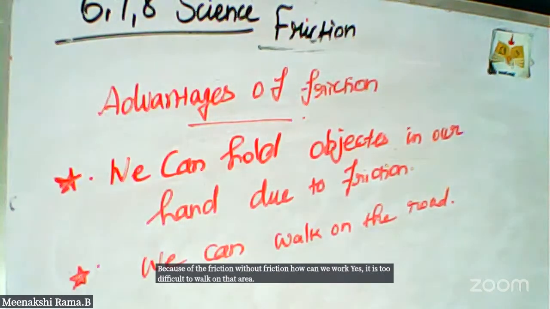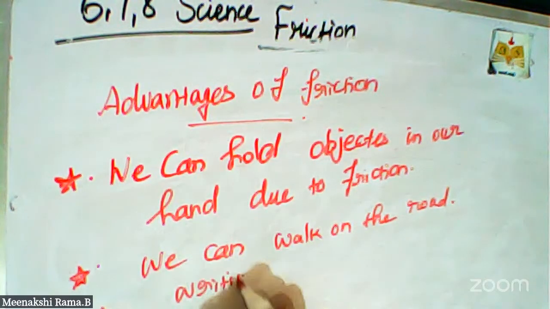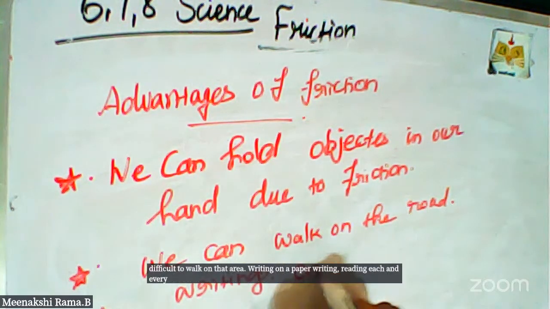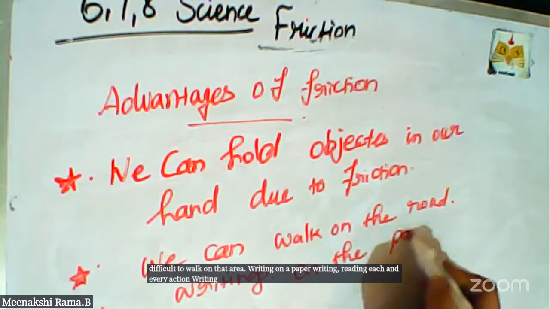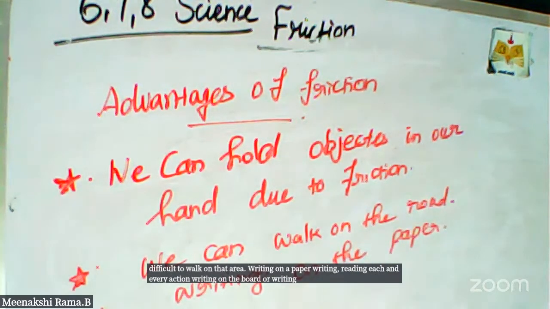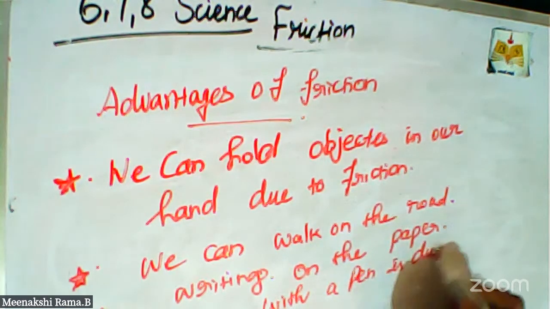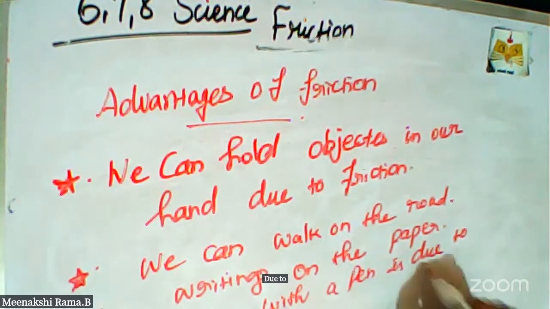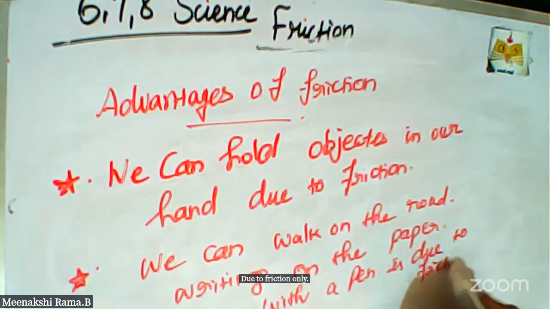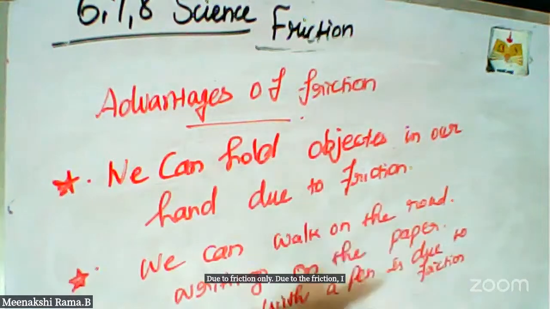Writing on paper, writing, reading, each and every action, writing on the board or on paper is easy due to friction. Due to friction, I am easily writing on this board.